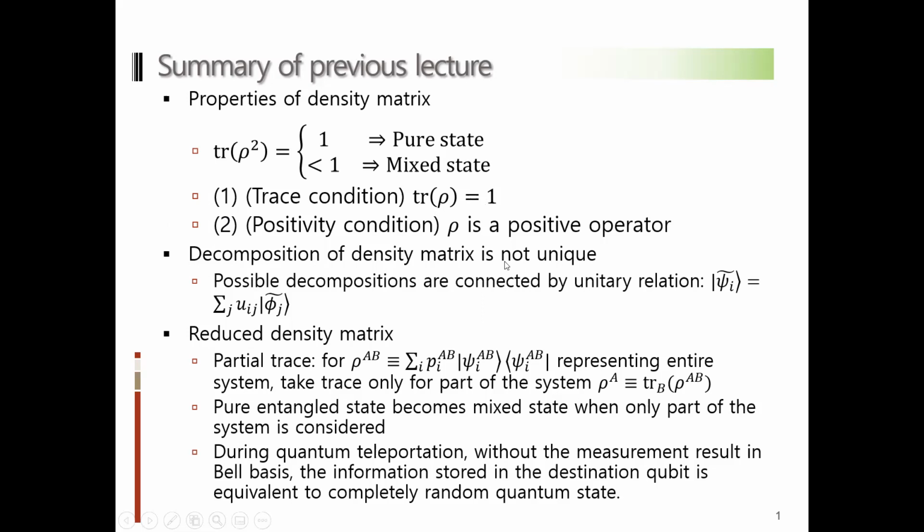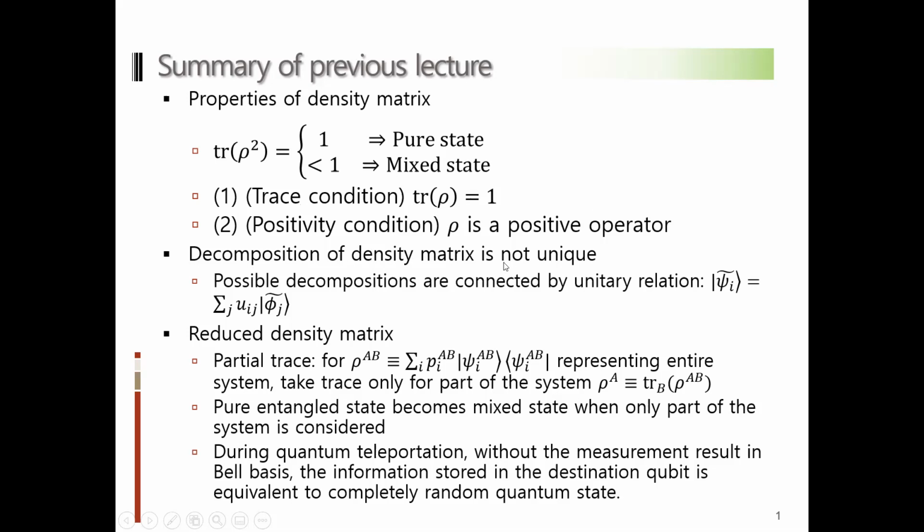Along a similar idea, many people might consider that once you are given a positive operator with a trace of 1, there is a unique decomposition of the density matrix into an ensemble of pure states, and that is not the case.